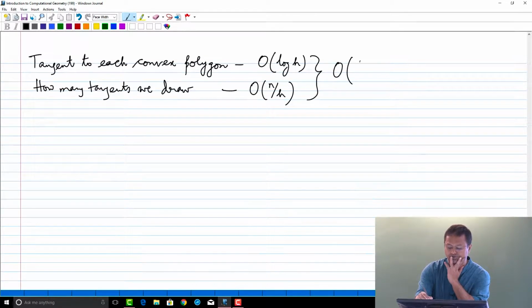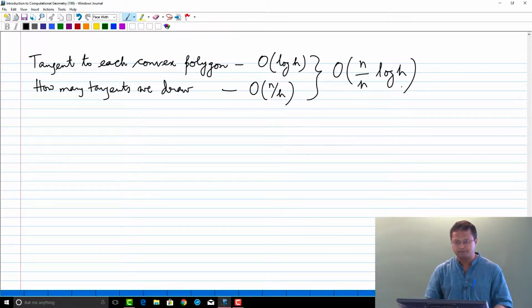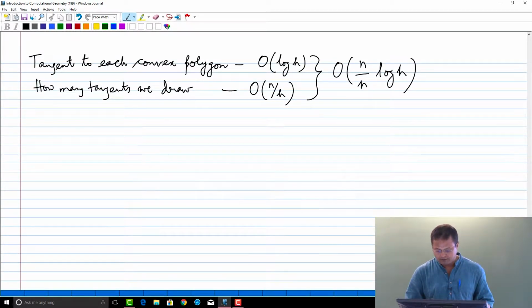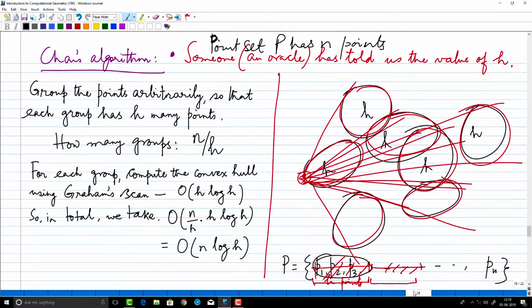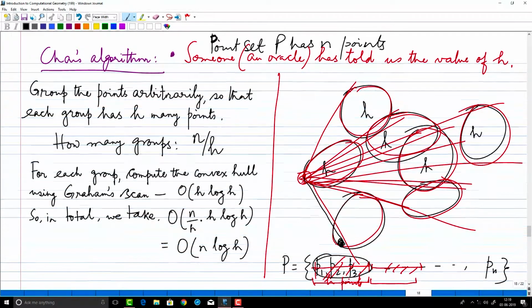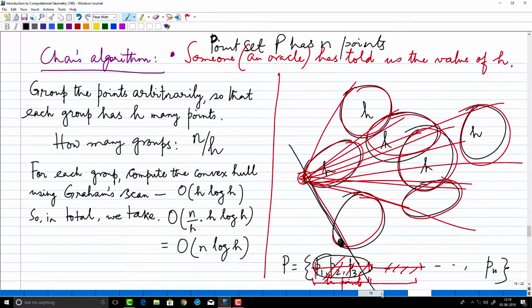So, for a total of n by h log h. So, in this amount of time I have been able to draw all these tangents, and again as in Jarvis March, I can figure out an extreme slope, that should take me to a next point of which I am sure that it is on the convex hull, because this line segment has everything on one side.